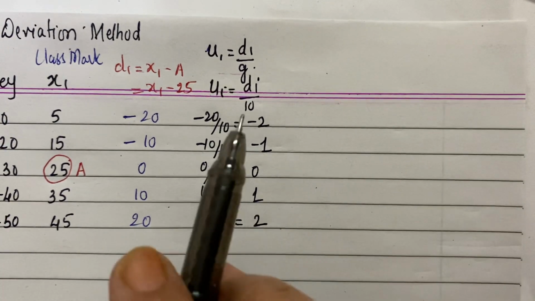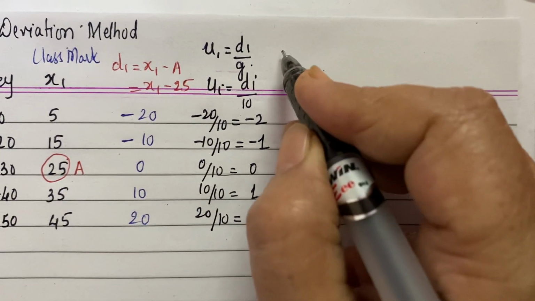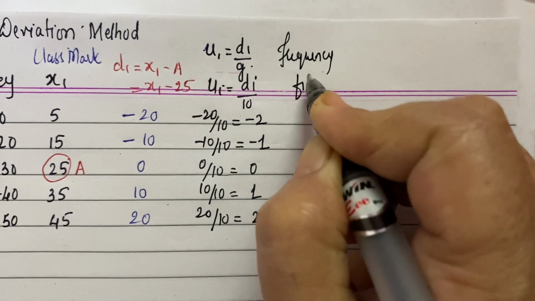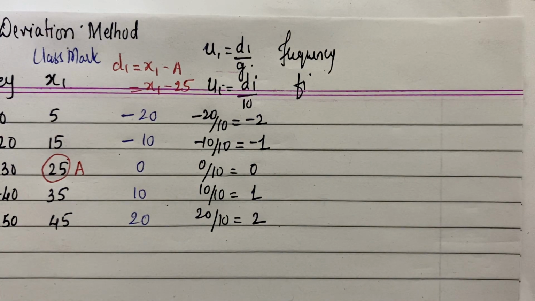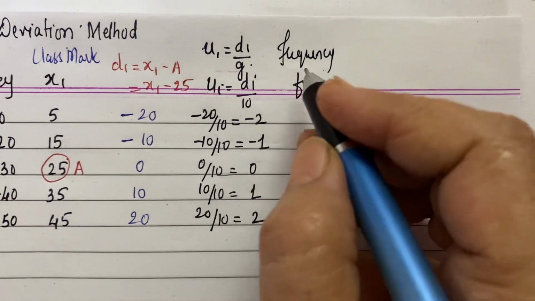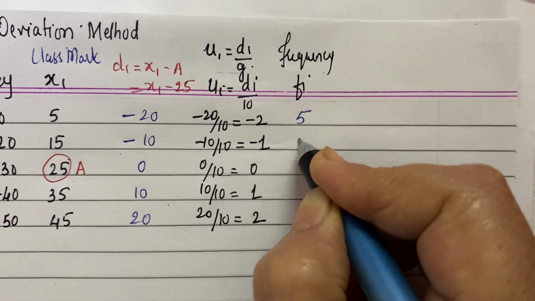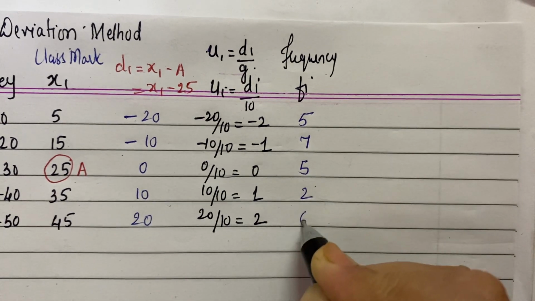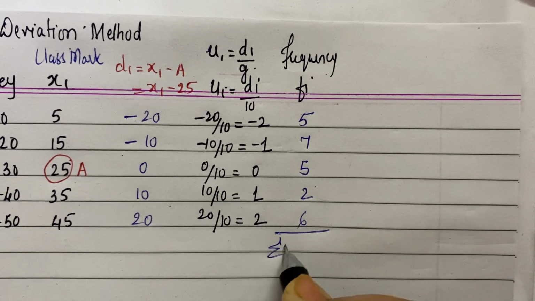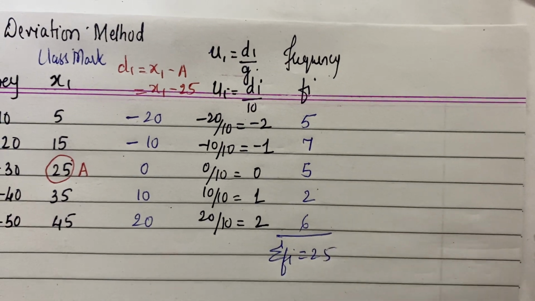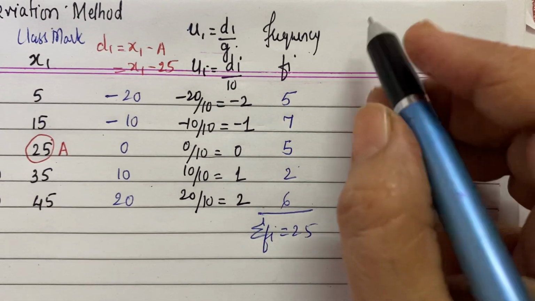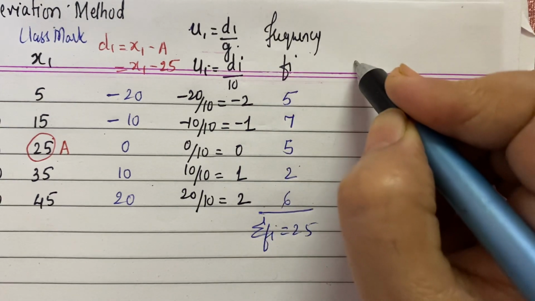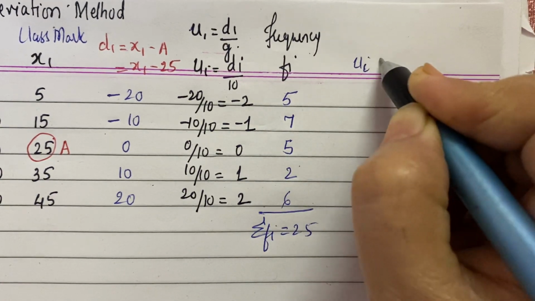The next column that we have is of the frequency, denoted by fi. The frequency, if you see, is 5, 7, 5, 2, 6. Its summation is 25. Now in the next column we find out the product of the deviation ui into fi.